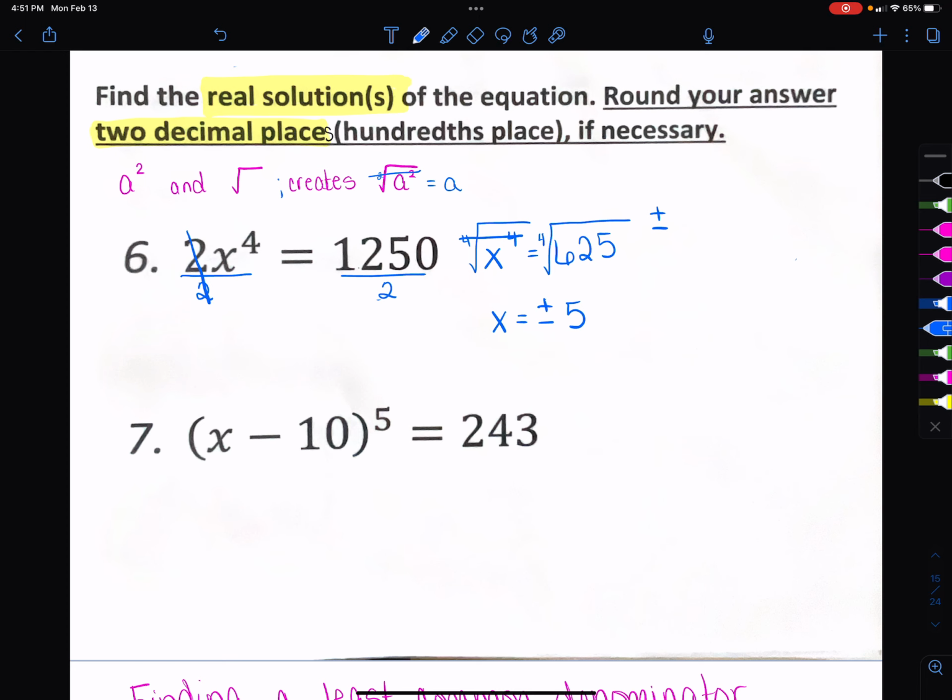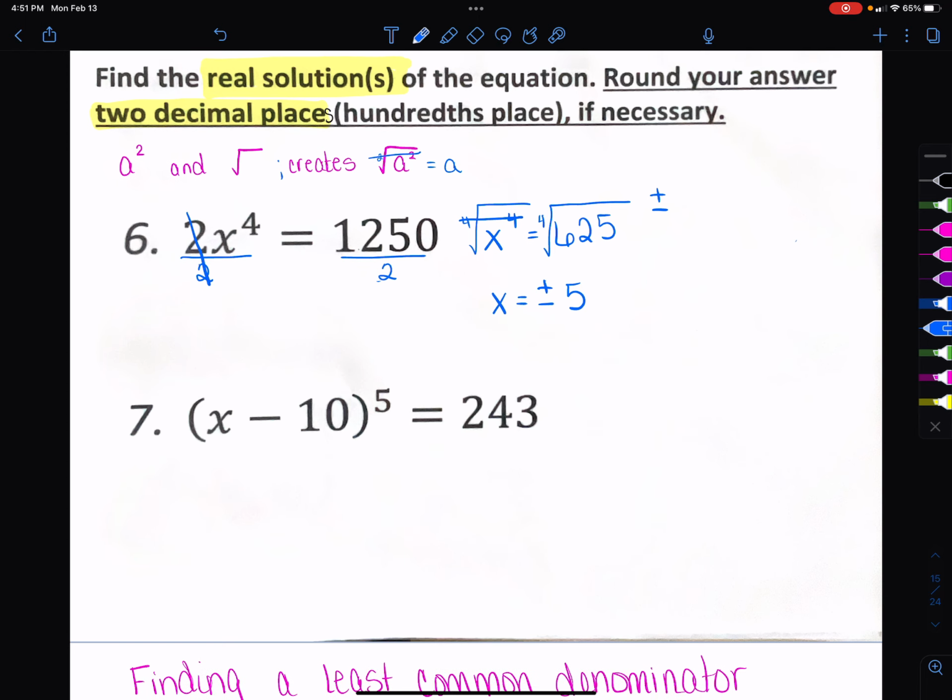On number 7, I need to get to x, but x is inside the parentheses. So before I can even unpack the parentheses, I have to get rid of what's outside the parentheses. A degree of 5 will be undone by radical 5.